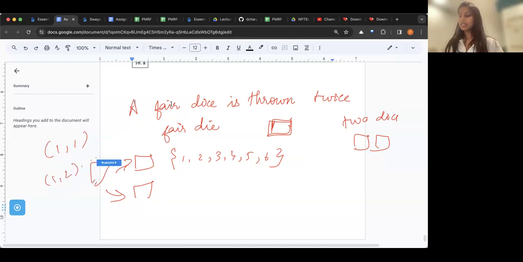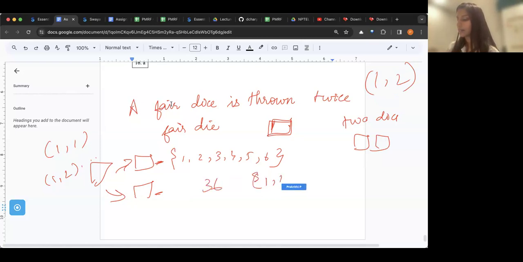So even in this case, it's similar to that. So one dice is thrown twice. It still means that your outcome is you have two values. So when you throw one dice once, you get one. You throw the dice again, you get two or something. So it's still the same as this. So even in this case, your sample space would be all those 36 elements.